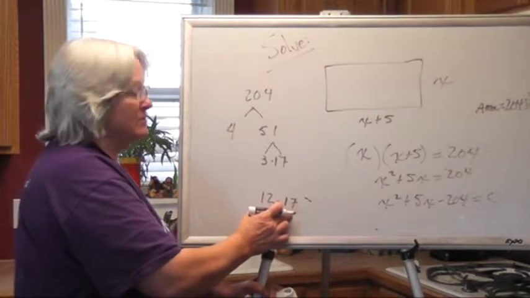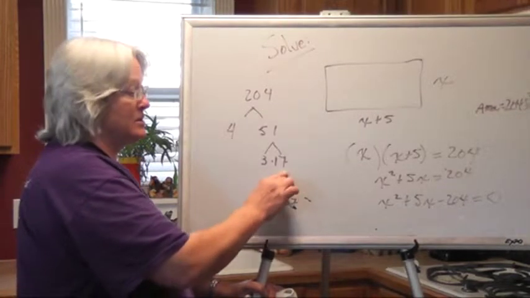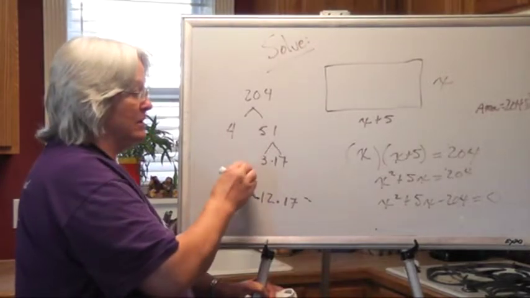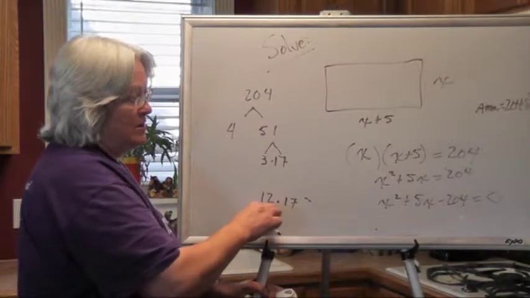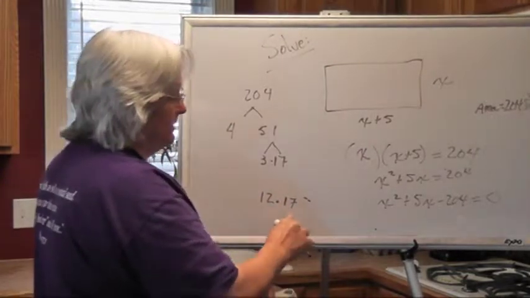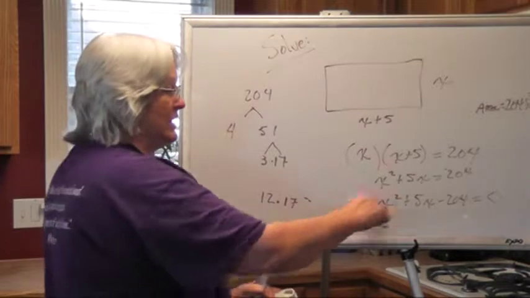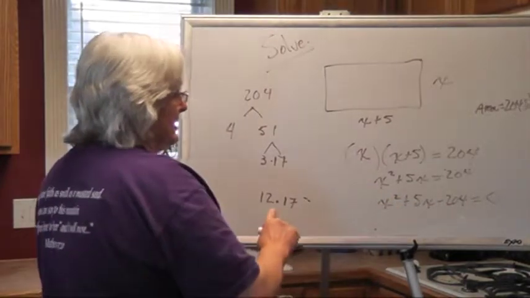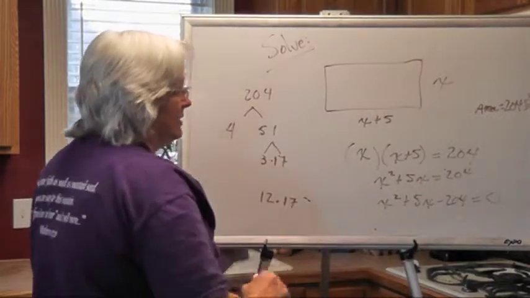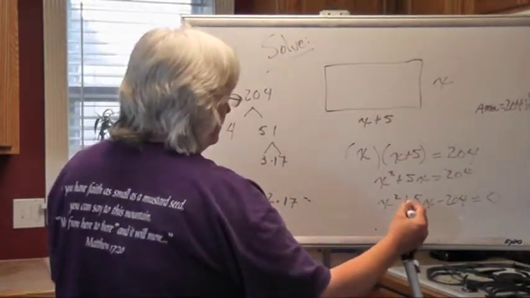But if I have 17 as one of my factors, the product of these remaining factors has to be the other factor. 12 and 17 differ by 5. This is what we need. I'm sorry, our 12 is going to be negative because we need a positive 5 and a negative 204.